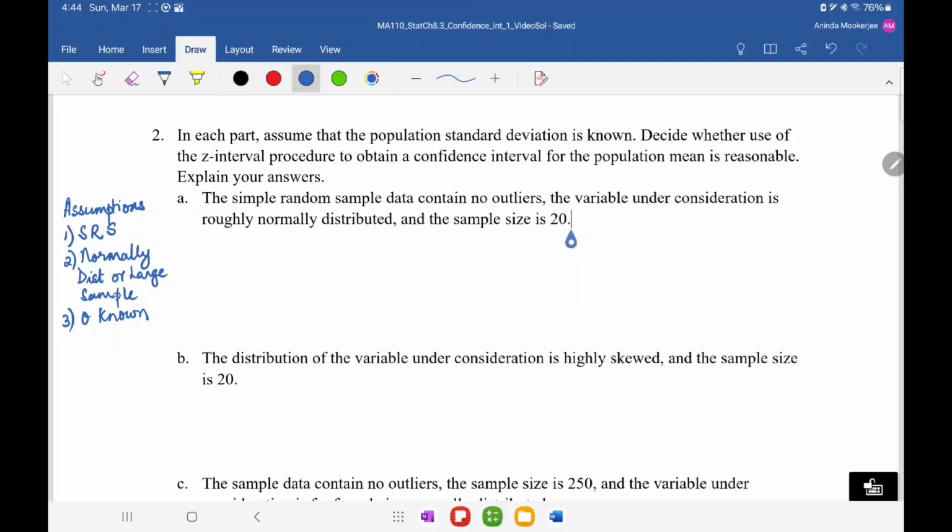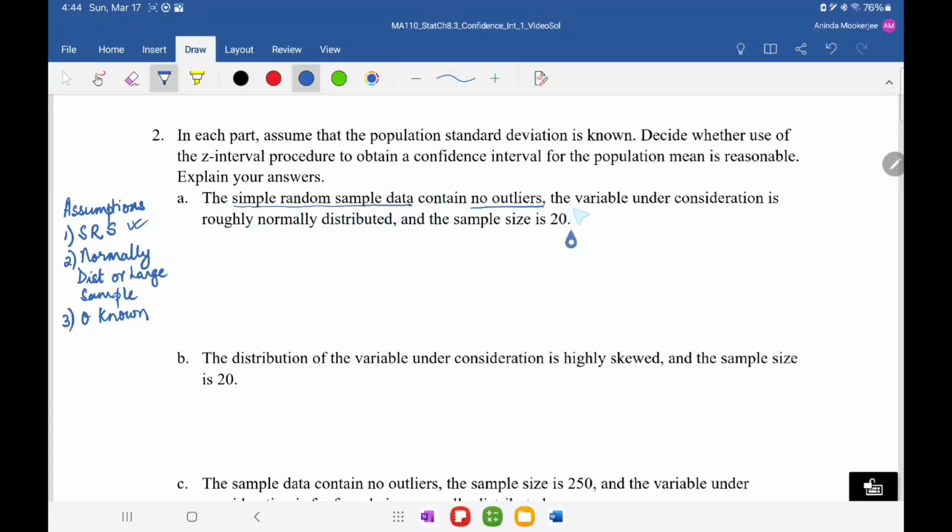So let's see what conditions are given in part A. It says the simple random sample data contain no outliers. So no outliers, but before that they say it's the simple random sample data. That means the first condition is satisfied. It's as if the data was obtained from a simple random sample.